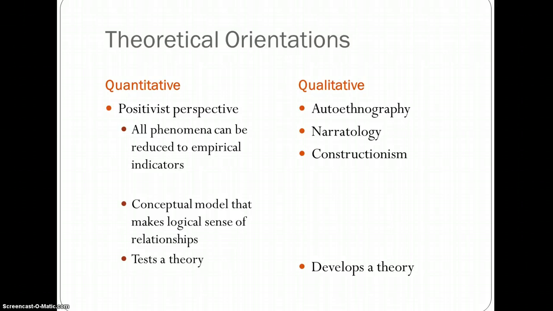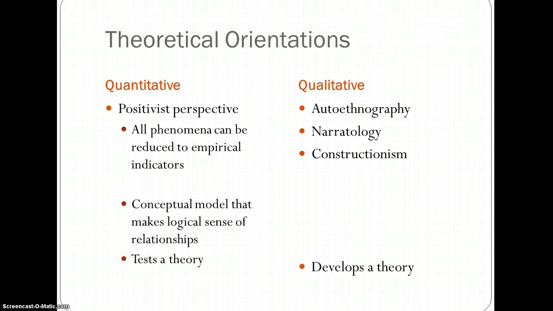The conceptual model makes logical sense of the relationships. Theoretical frameworks vary in quantitative research. The purpose of quantitative research is to test a theory, as opposed to significant theoretical orientations in qualitative research.